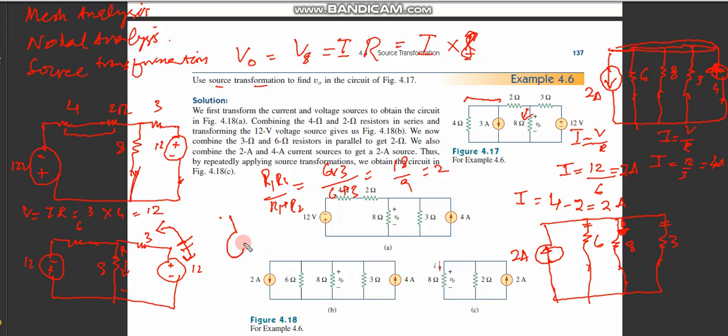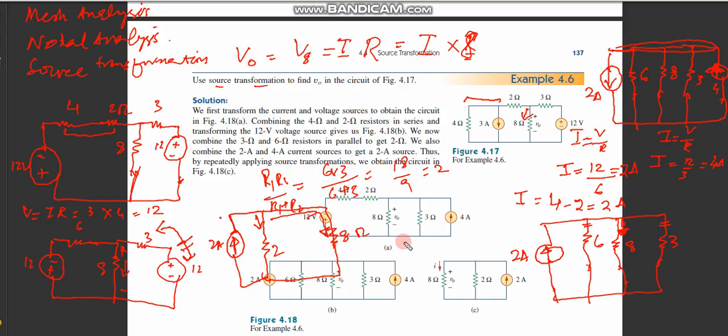This is my 2 ampere current source, and then it would be my resistor, which is now the value 2, remember, and there will be another resistor over here, which is the 8 ohm resistor. I'm interested in the current over here. If the current goes over here, it gets distributed into two branches.